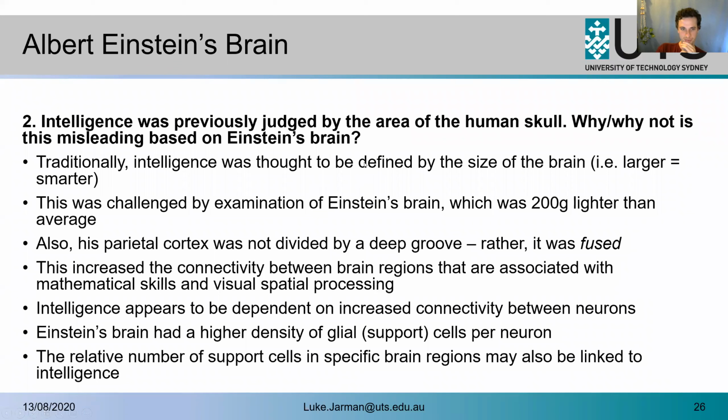But upon further investigation, his parietal cortex was not divided by a deep groove. Normally there would be a sulcus there, but the cortex was actually fused, which is incredibly unusual. That fusion increased the connectivity between the brain regions associated with mathematical skills and visual spatial processing.